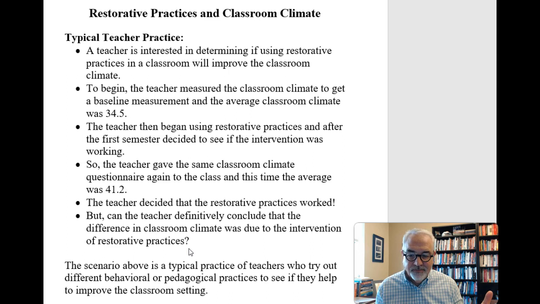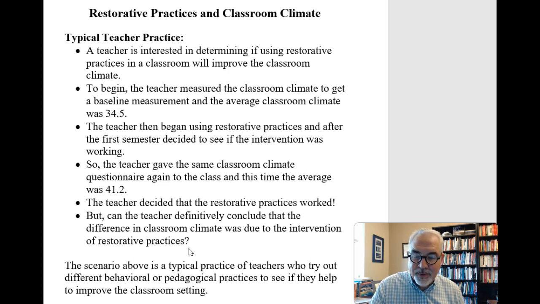Was there a difference? This scenario is very typical for teachers who want to try out a new strategy, some pedagogical strategy or some behavioral strategy in their classrooms. It's kind of limited, but we can see that in this case it may have made a difference.